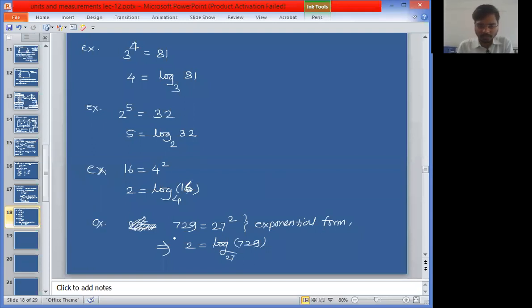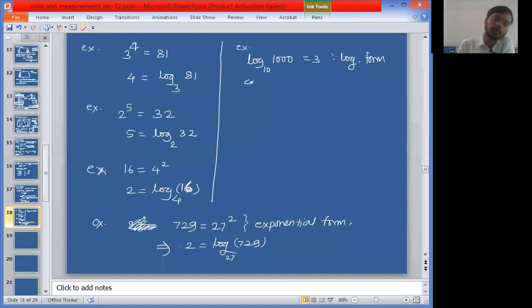You know this, right? This is index, this is answer, this is base. Convert this into exponential. This is logarithmic form.